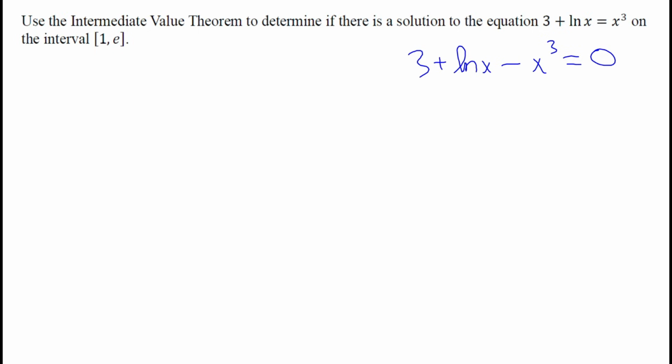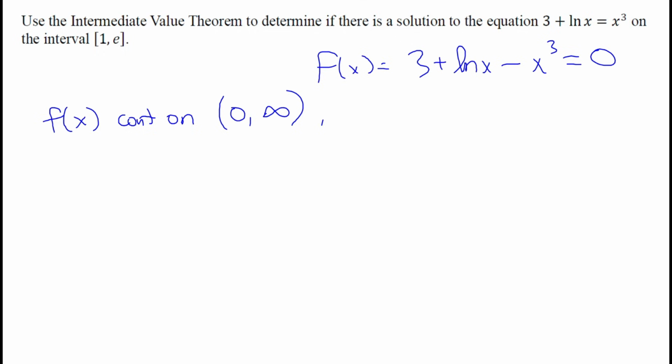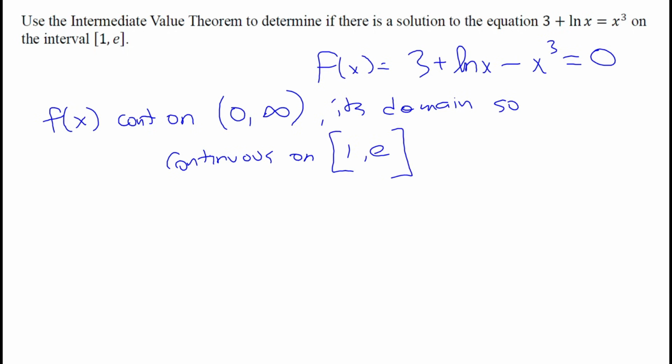So we'll call this f of x. F of x is continuous on 0 to infinity, right, which is its domain. So it must be continuous on 1 to e, because 1 to e is a subset of 0 to infinity.